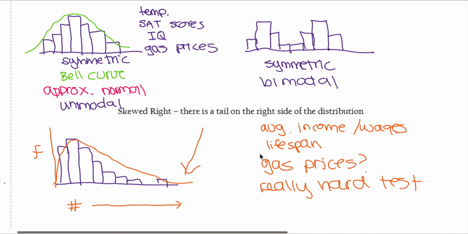And some real life examples are average income or wages, lifespan, gas prices, and a really hard test.